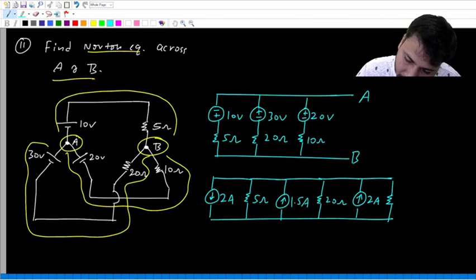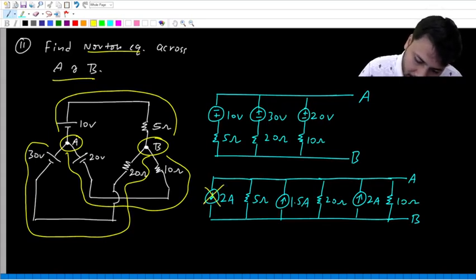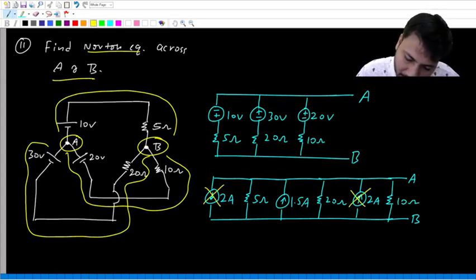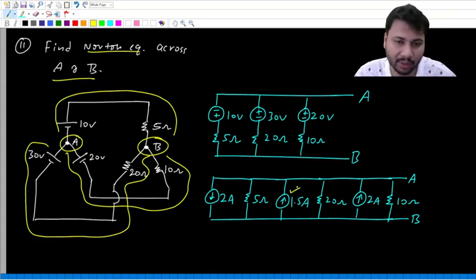That's all. So again, this is A, this is B, this is 10 ohms. Now this 2 amps and this 2 amps both will get cancelled out. Yes or no? Because 2 amp and 2 amp are in opposite direction. Now the only current source that will remain is this.